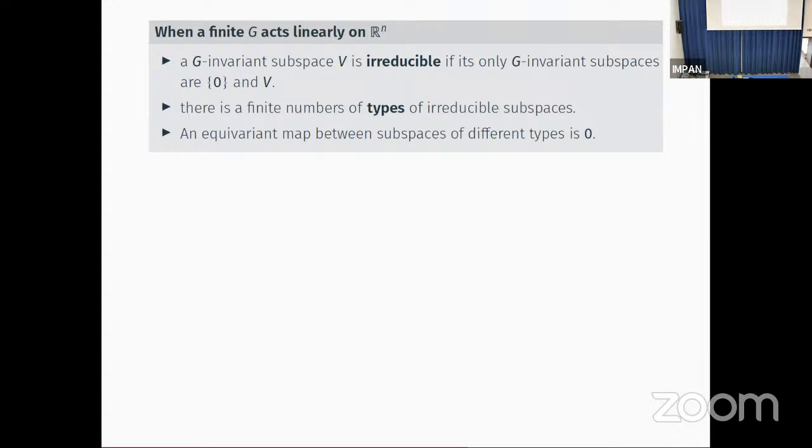If we act via group G linearly, there are only a finite number of types that the action can look like, irreducible types. Okay? That's the second fact. And the third fact is that an equivariant map, so a G map between subspaces of different types, is necessarily zero. So these types are orthogonal.